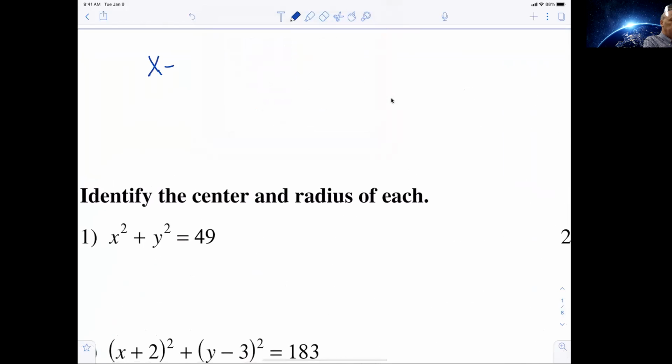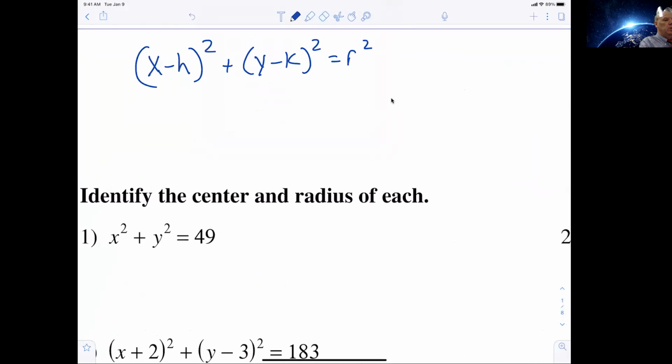(x - h)² + (y - k)² = r². Very simple. h and k is the center of the circle, and r is equal to the radius of the circle.